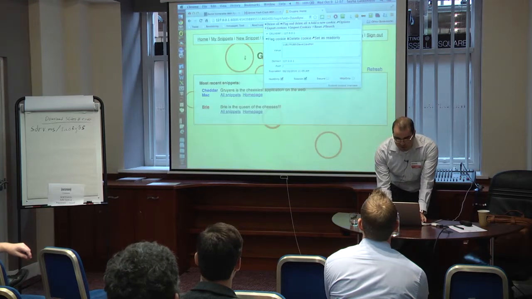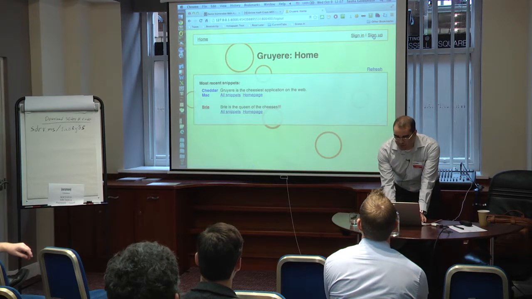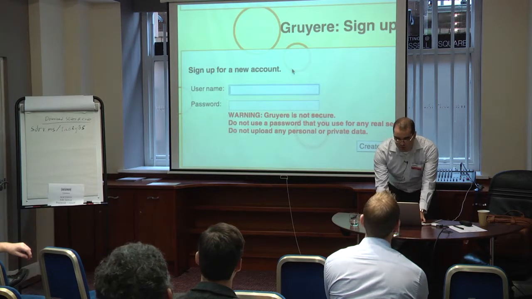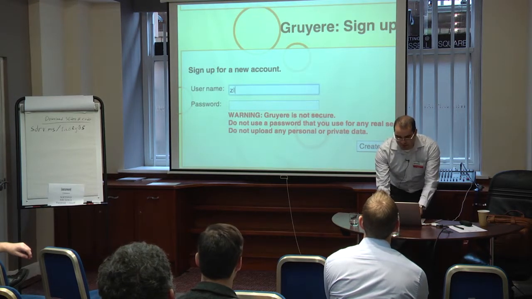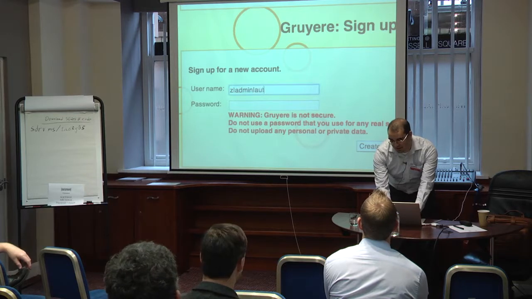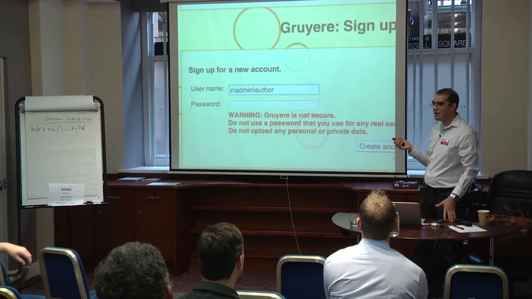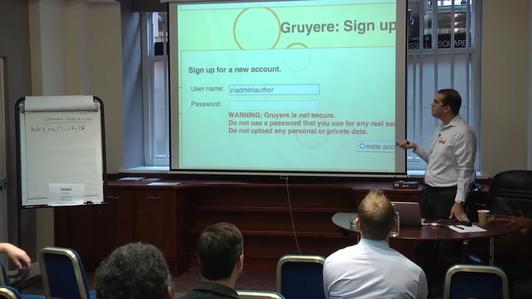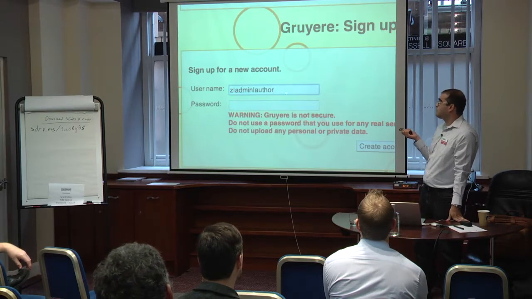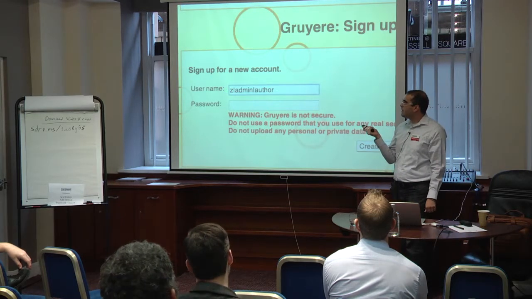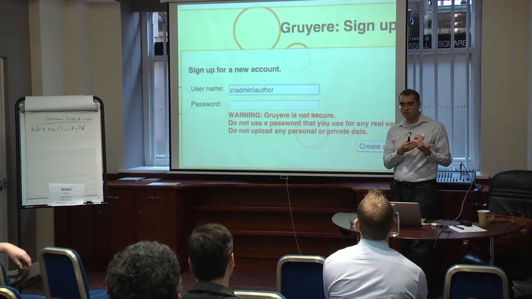What if I create a new user? Let's sign out of this one and sign up. Let's create a new user called Z, pipe admin, pipe author. So if my hypothesis is right, then the web server is just going to create a new user for me, but then it's going to parse this thing and just treat it as the original data.